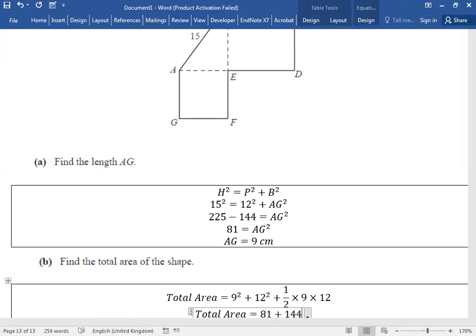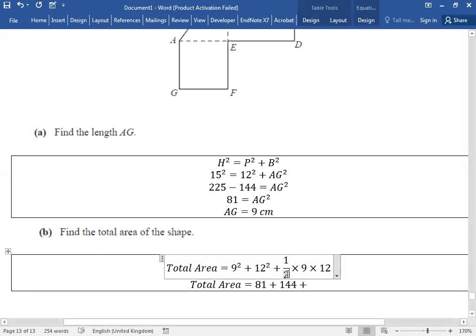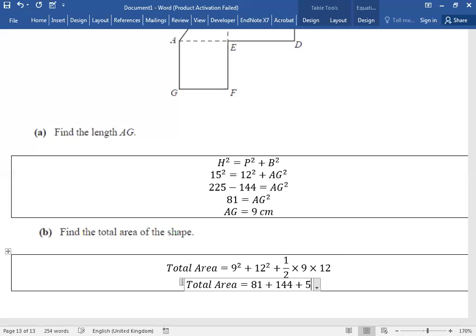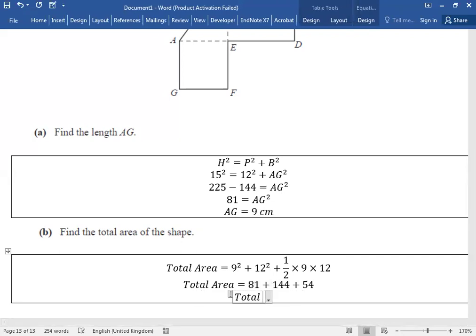81 plus 144 plus, simplify this: 2 1s are 2, 6s are 6, 9s are 54. These two add up, we know it will be 225, add 54 to it.